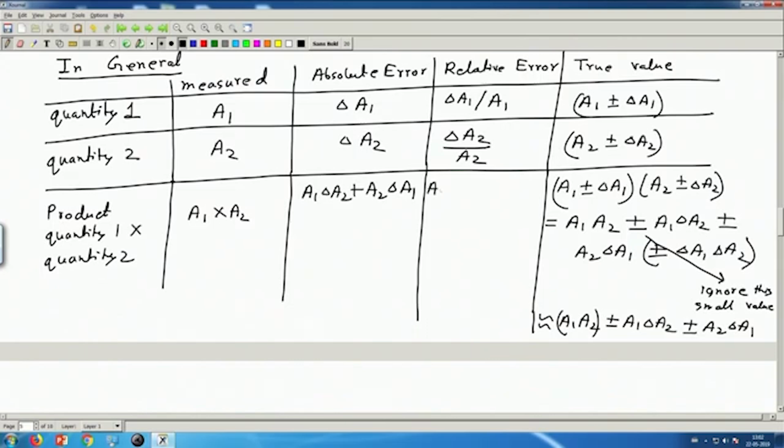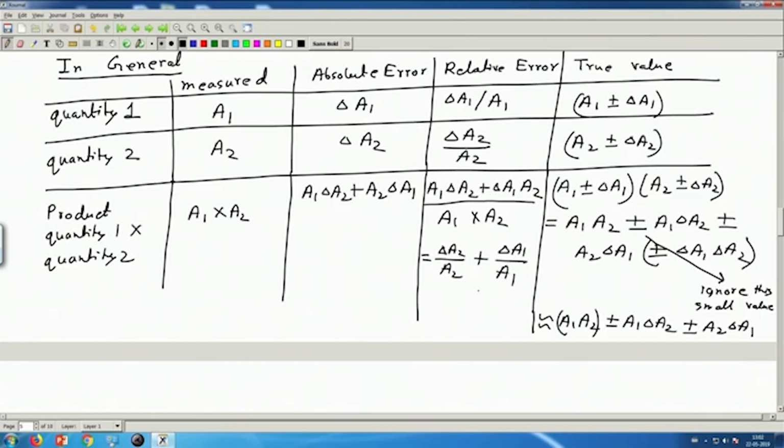So what will be the relative error? Relative error will be this absolute value divided by the measured value, and this will come out to be, in the first term A1 and A1 will cancel, we will have delta A2 by A2, then plus, in the second term delta A2 and A2 will cancel, delta A1 by A1.